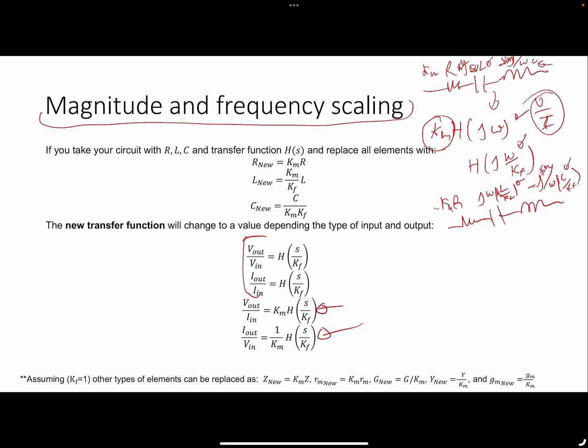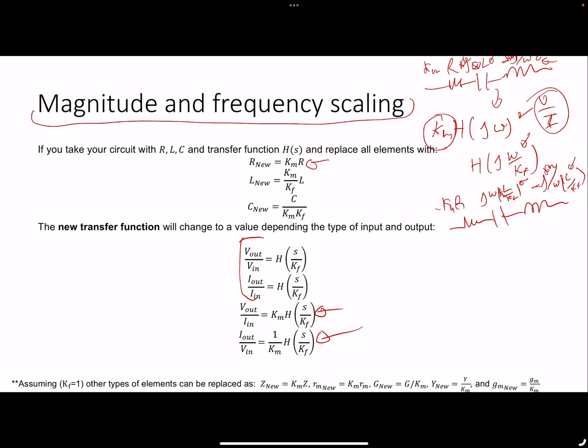In particular, to magnitude and frequency scale, we multiply our resistance by the factor that we're magnitude scaling, Km. We multiply the inductance by Km and divide it by the factor that is frequency being scaled, which is called Kf.